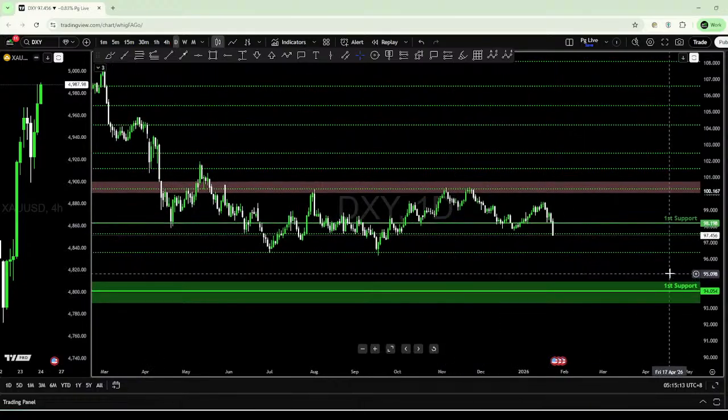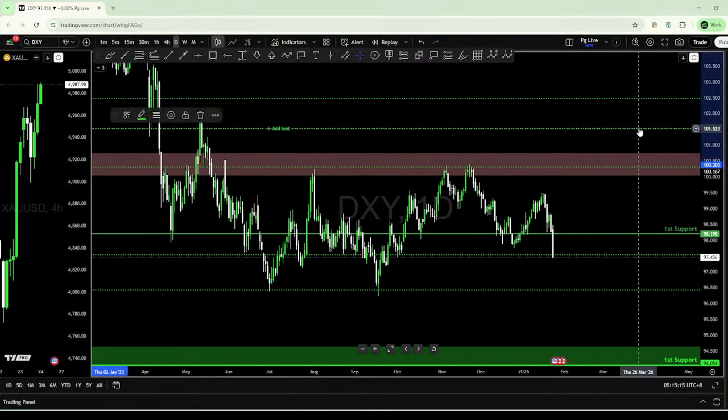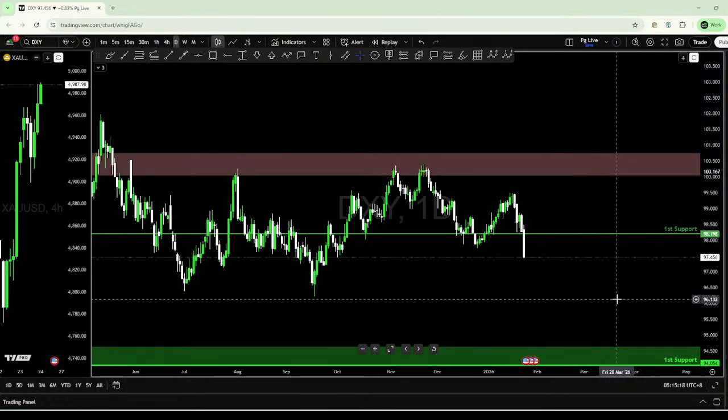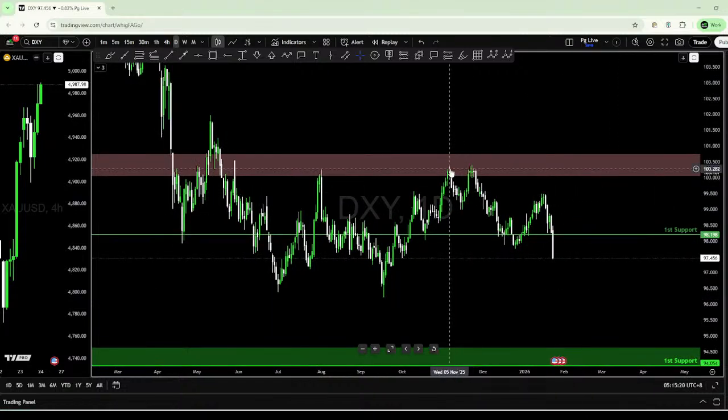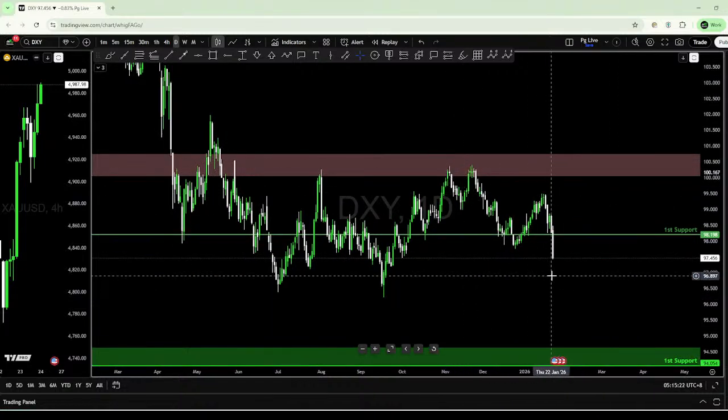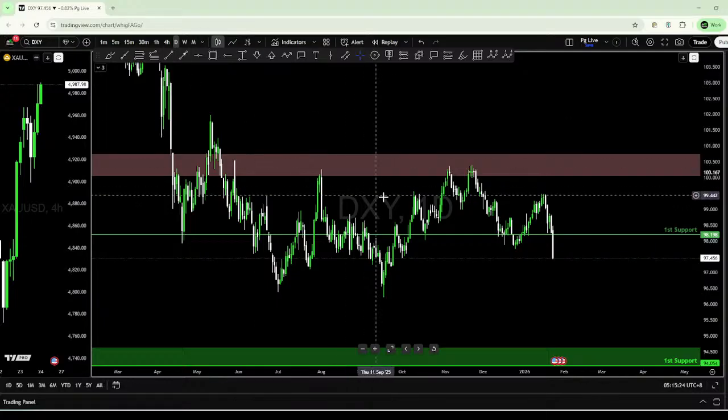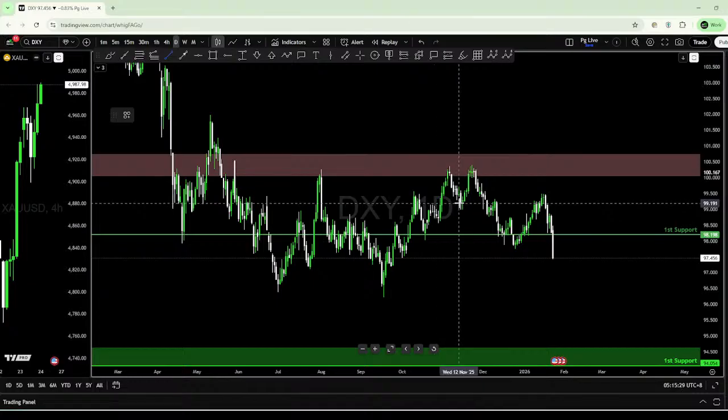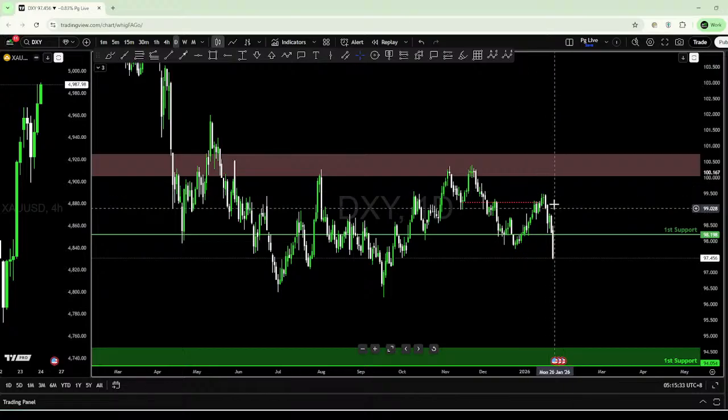If we look at the D1 time frame, you can see the equal highs and price pullback. So basically this zone, it's a neckline, correct? And this is just a clear liquidity and price is falling.